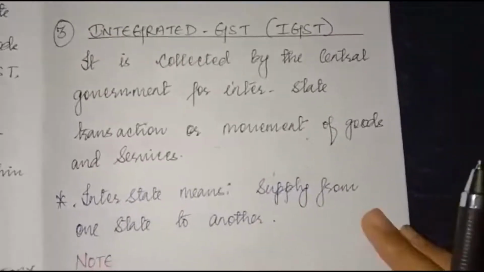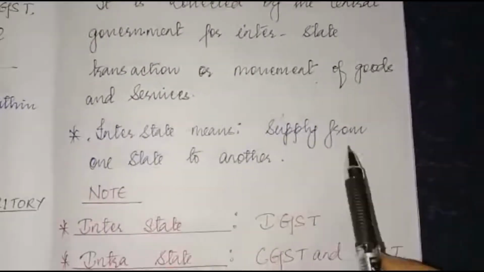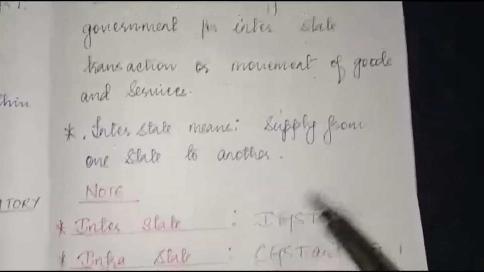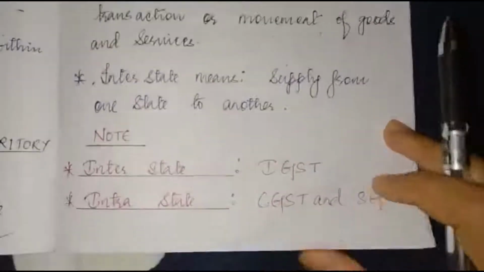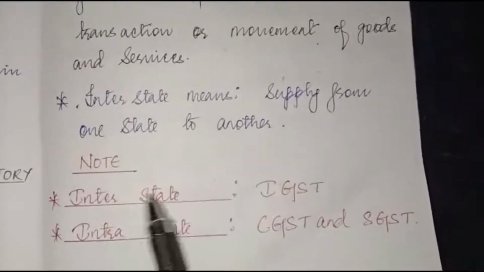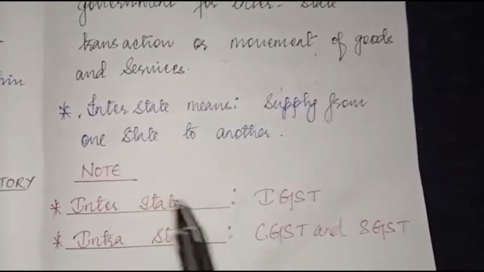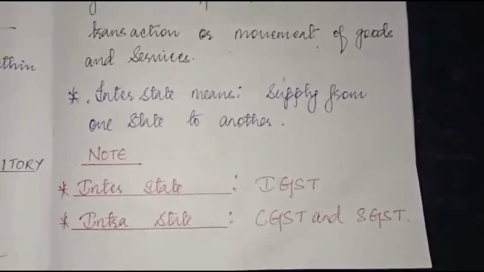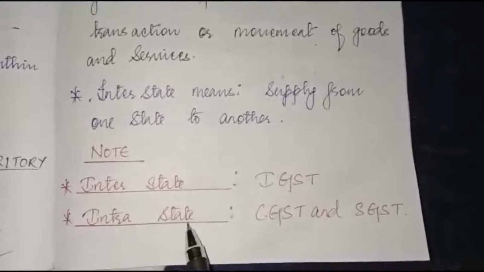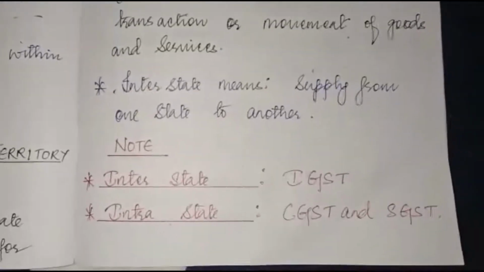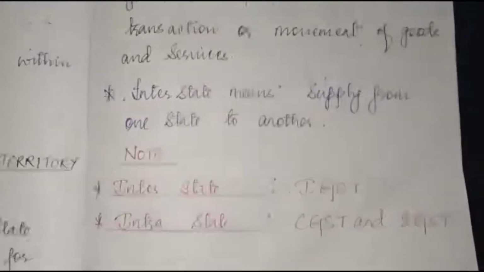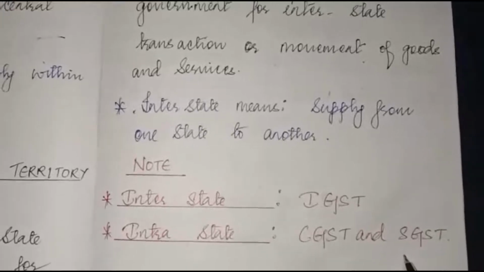Here interstate means supply from one state to another. So here I have given a note: in interstate, from one state to another, you have to pay only one tax, that is IGST. But if it is intrastate, means within one state, then we have to pay two taxes, CGST and SGST.